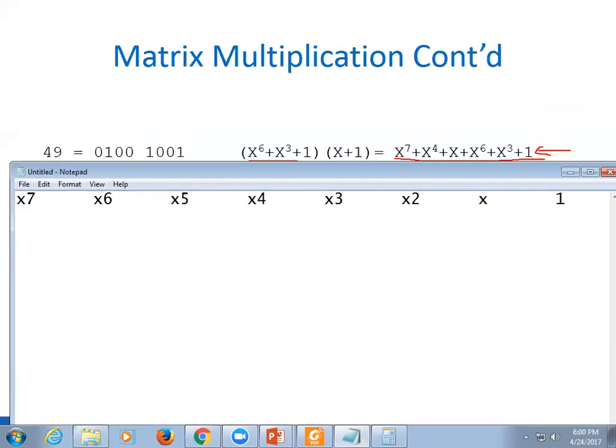I got an x to the 7th, an x to the 4th, x to the 1, an x, an x to the 6th, x to the 3rd, and a 1. Then fill in the rest with zeros. So technically, I do not have to put them in order. It just makes it a lot easier. You see how I did that?